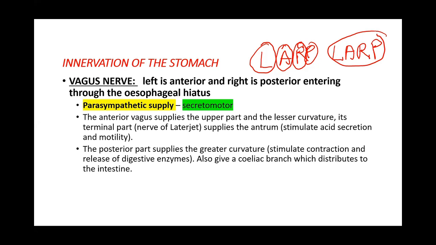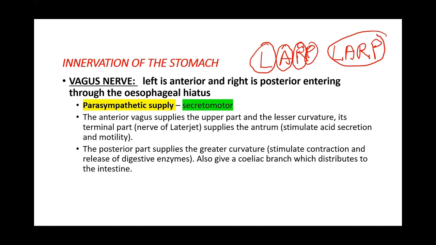Now you should know it gives the parasympathetic supply to the stomach. And this parasympathetic supply is secretomotor. It stimulates acid secretion as well as digestive enzyme secretion and the contractility of the stomach.